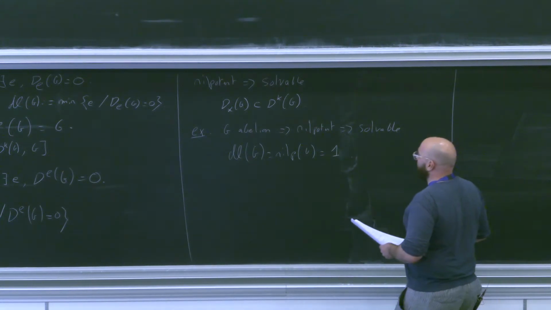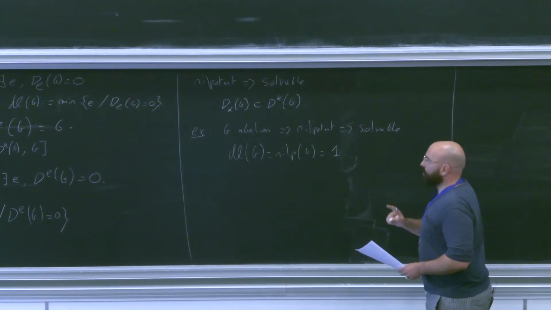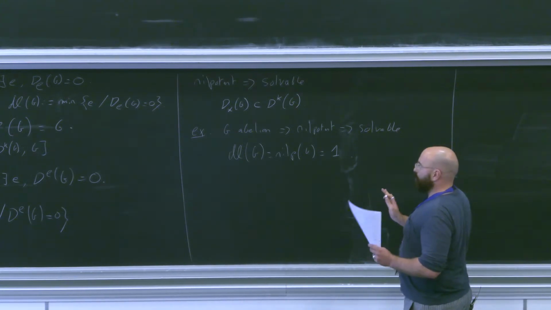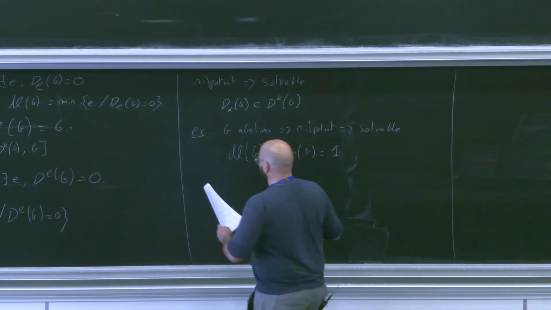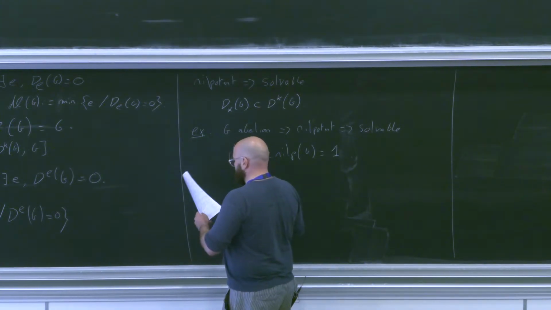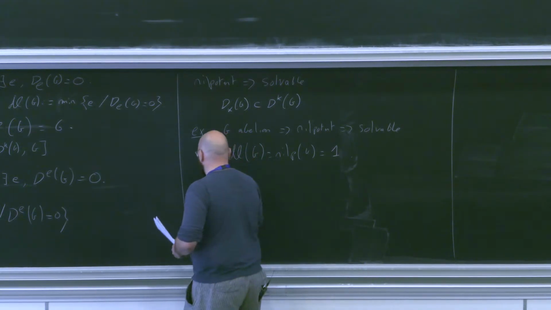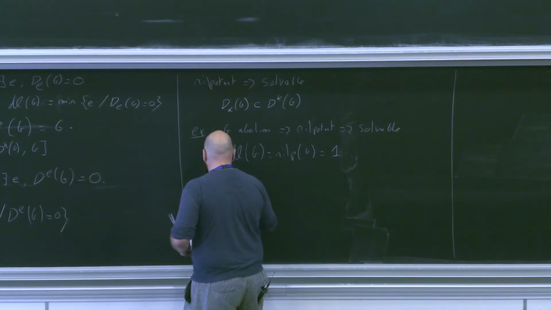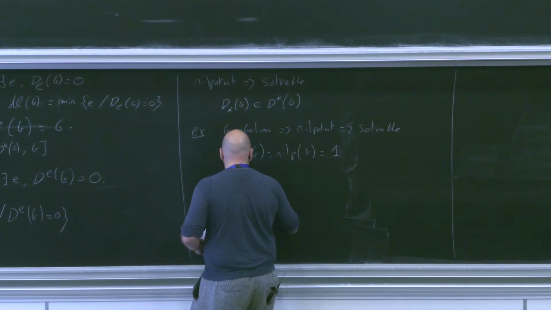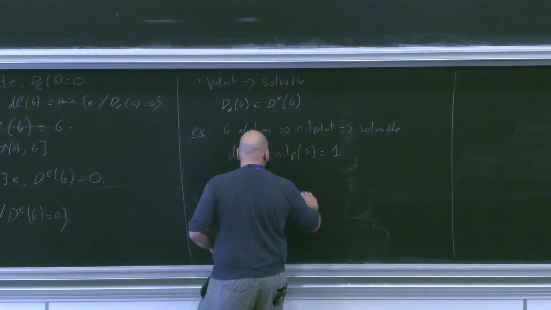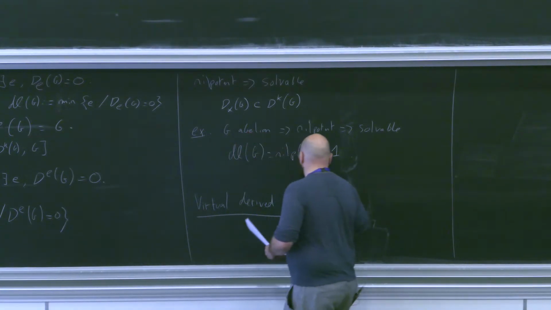Okay. I'm going to make one last definition, which is a more geometric group theory definition, which is the virtual derived length. So what is that?